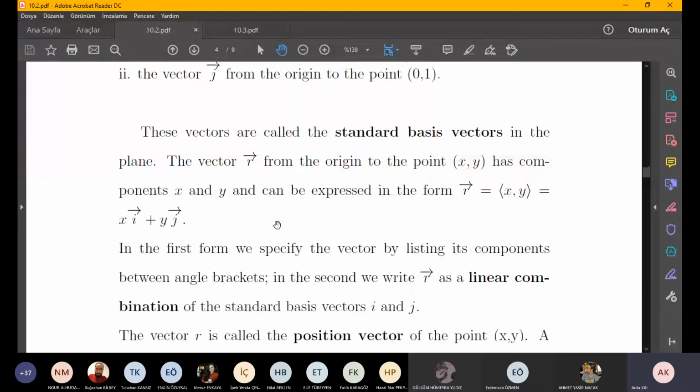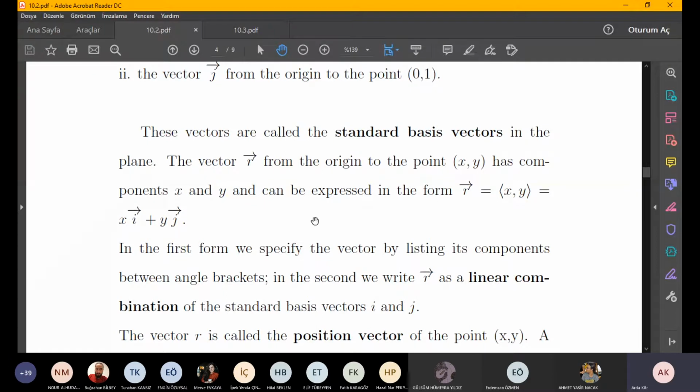In terms of a linear combination of those standard basis vectors, we will write the vector r as x times i plus y times j. So any vector in two-dimensional space from the origin to the point (x, y) can be expressed by standard basis vectors as x times i plus y times j.